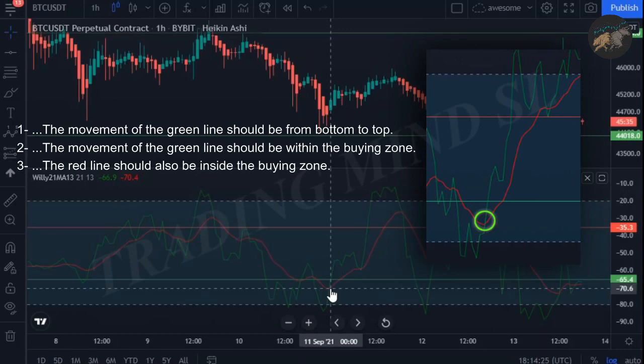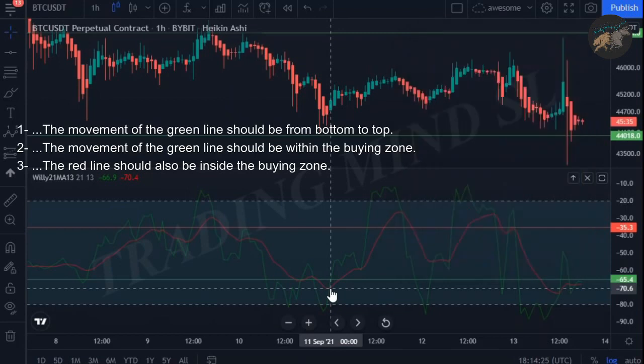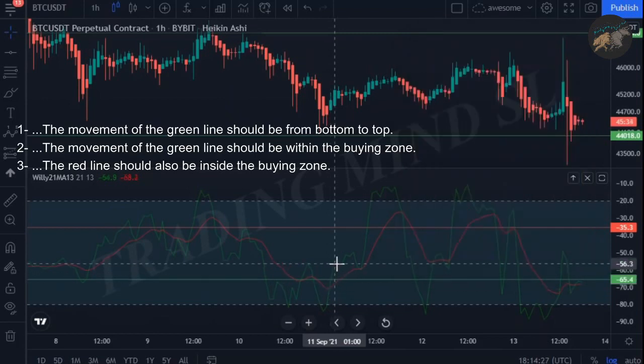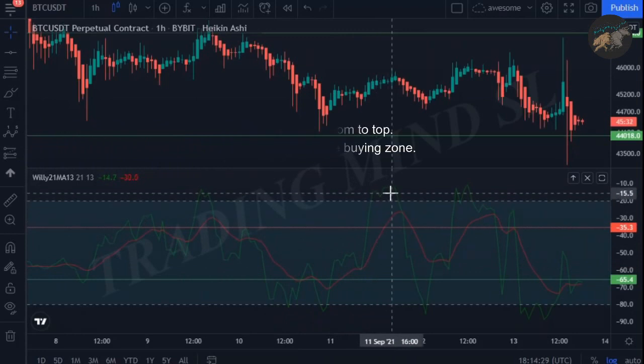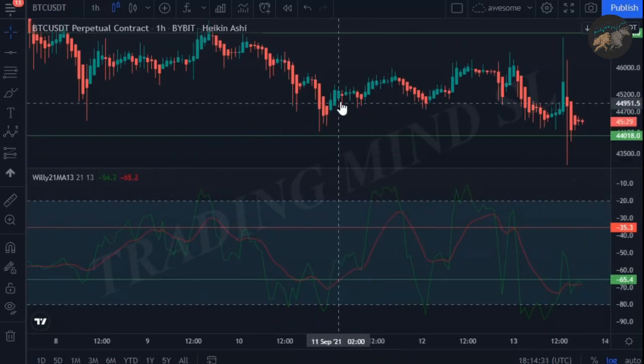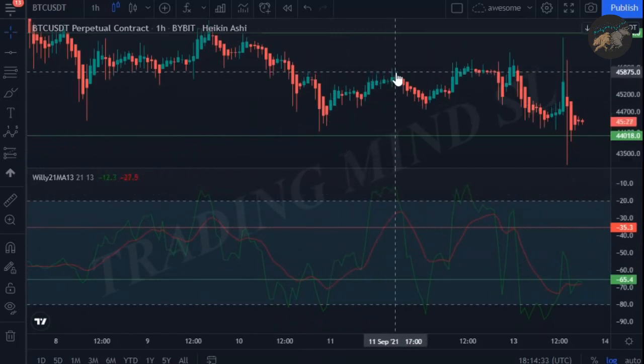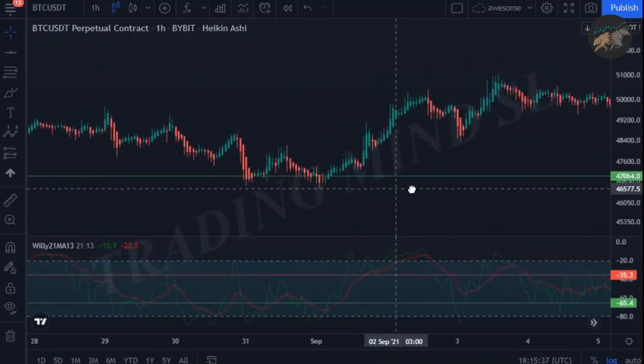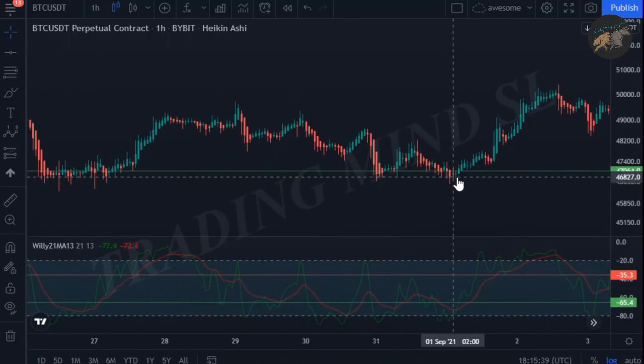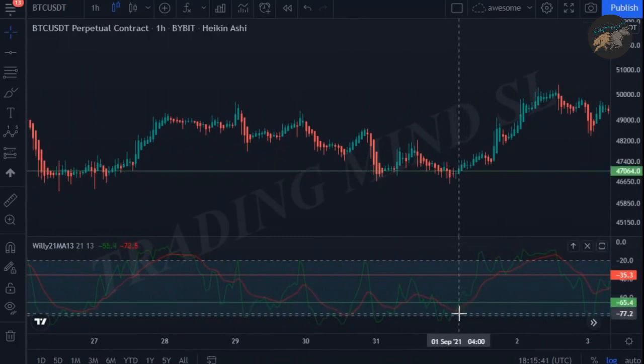The movement of the green line should be within the buying zone. 3. The red line should also be inside the buying zone. Let's see some examples here.